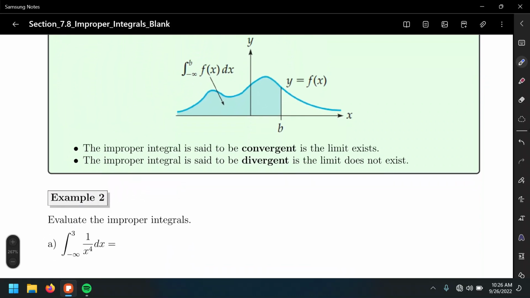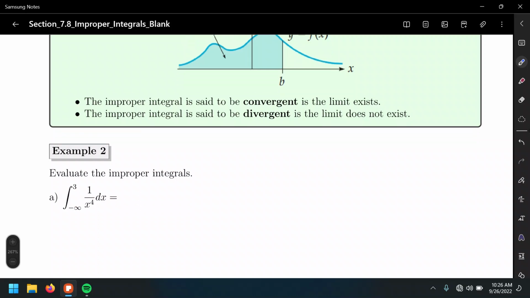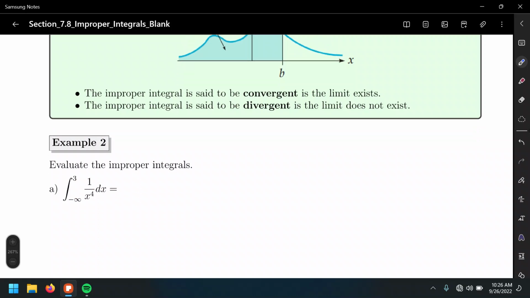Let's see how we set it up. So we have the integral from negative infinity to 3.